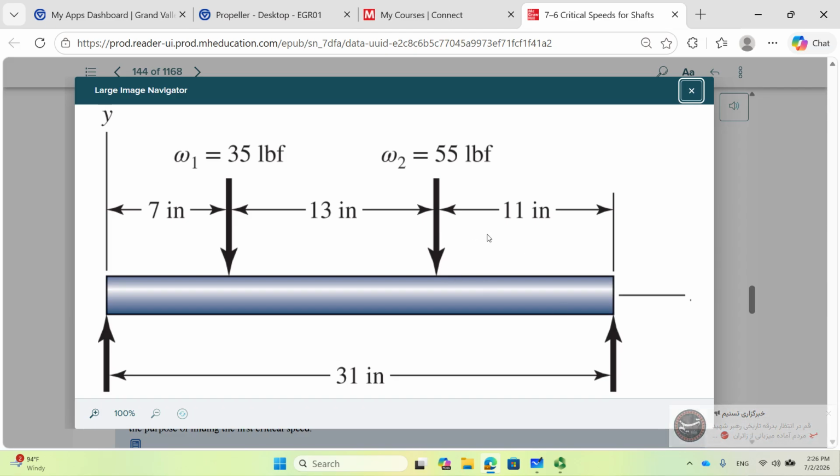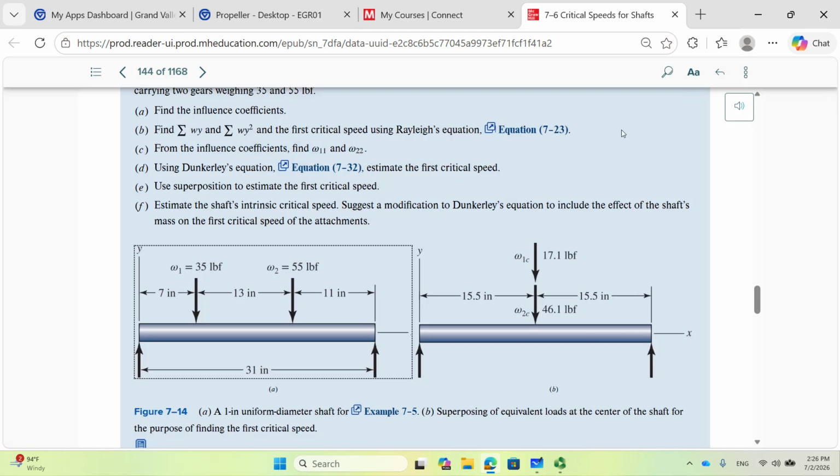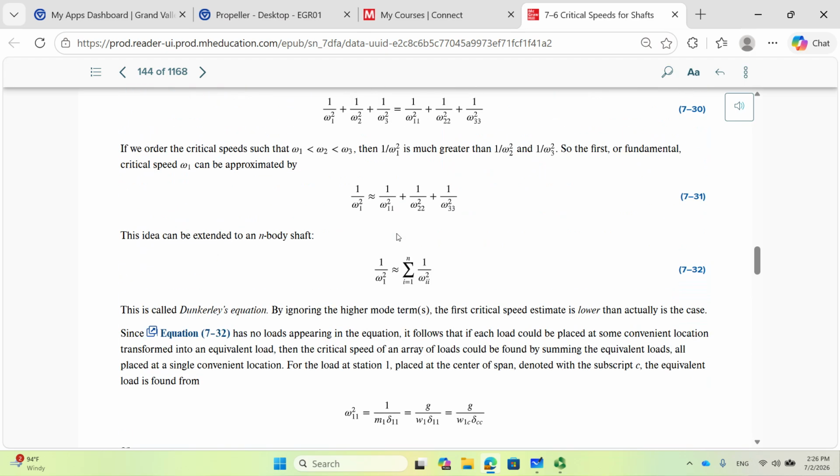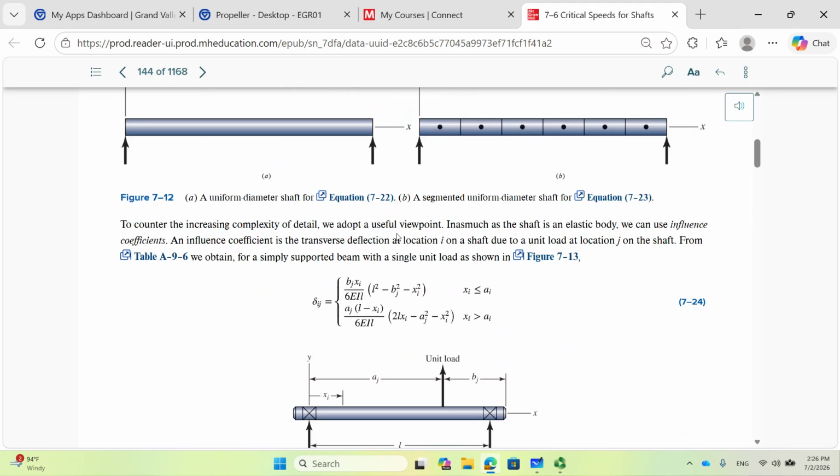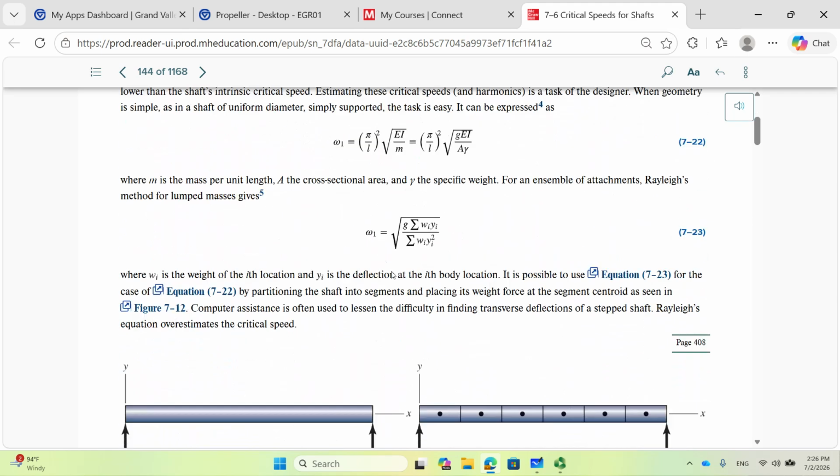So we want to find the first natural frequency of this shaft using this equation. Alright, so let's look at this equation and see what these variables are. The first natural frequency of this shaft could be calculated using this equation.